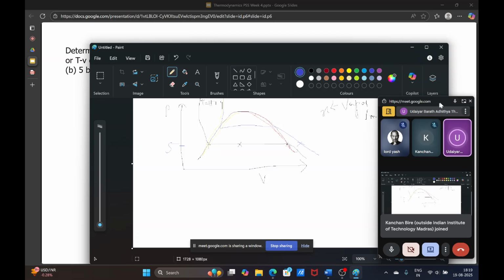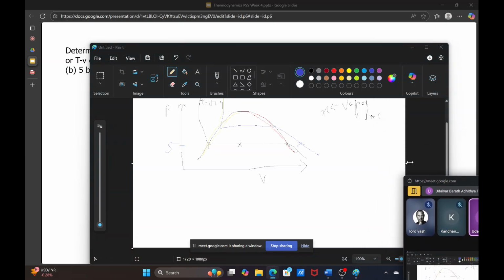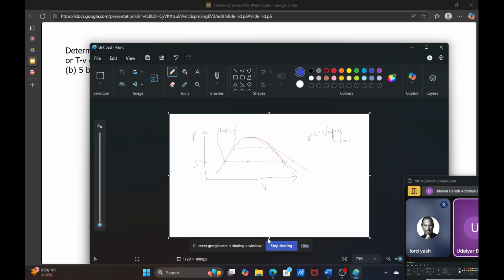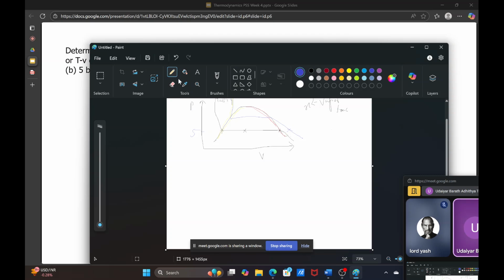Similarly, you can draw this as a TV diagram. The TV diagram will also look like this, but instead you have pressure lines, something like this. This is a constant pressure line, the 5 bar line.